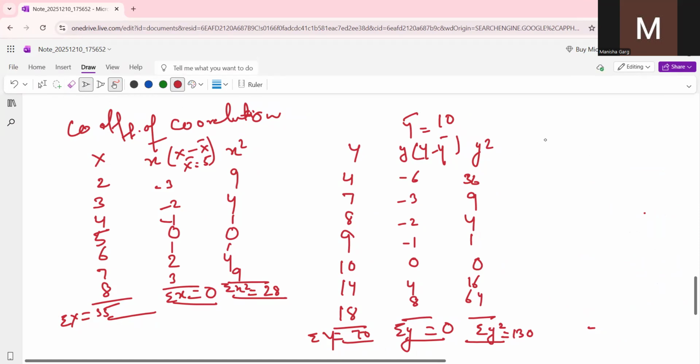Firstly we will multiply the x and y series. x and y: minus 3 multiply minus 6, this is 18. Then 2 and 3 is 6. Then 0, 0, 8 and 24. And the summation of x multiply y series is 58.